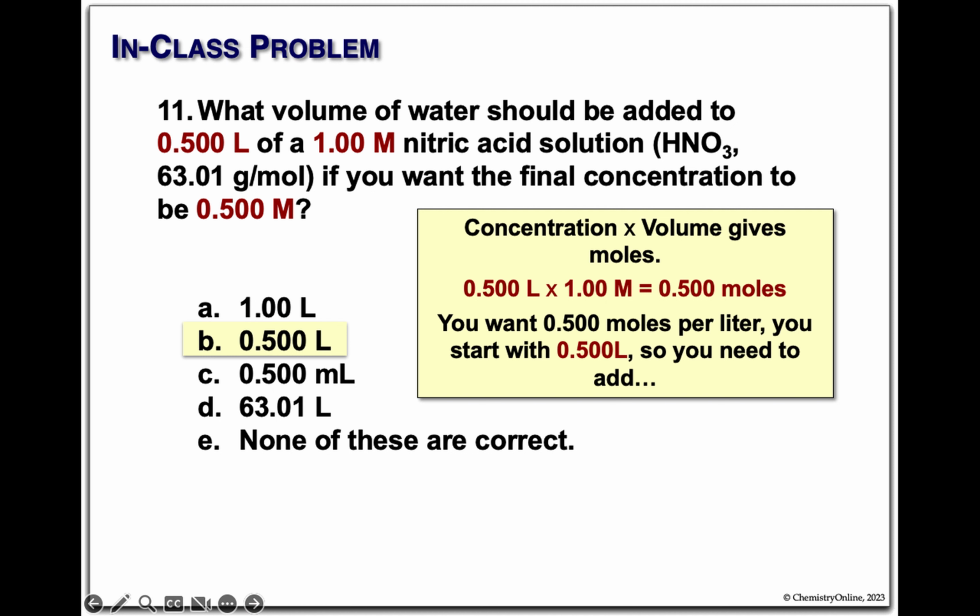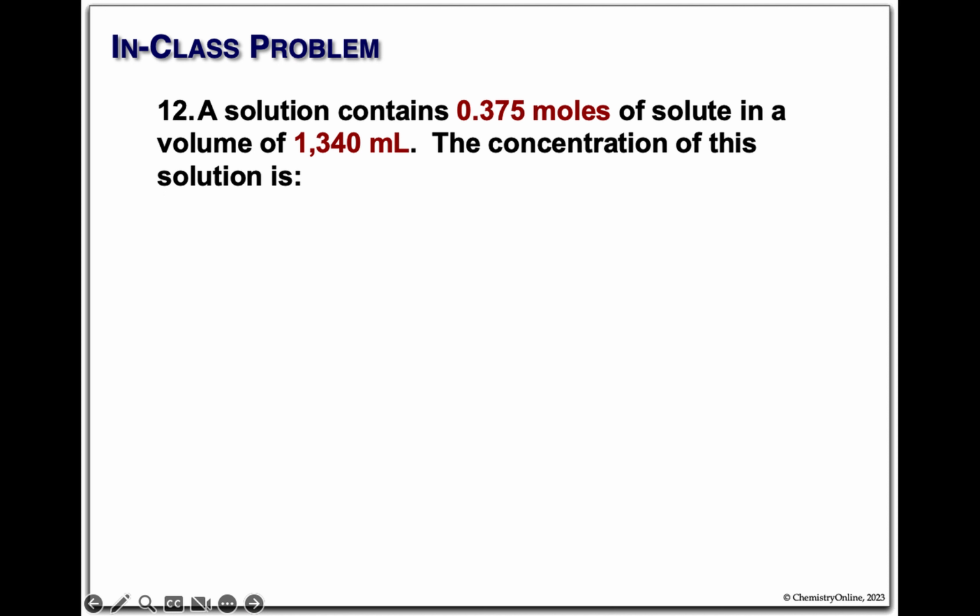All right, the next one is a little calculation where you write the number in the box. We have a solution with 0.375 moles of something in a volume of 1340 mils. What is the molar concentration of this solution?